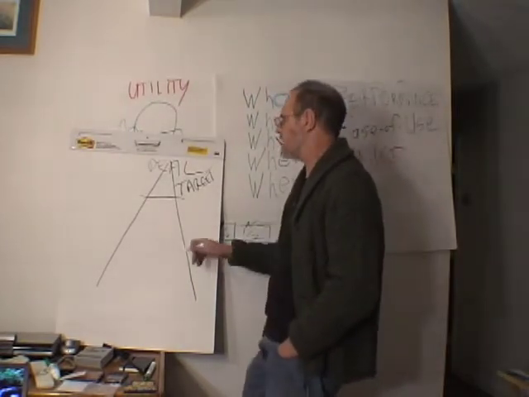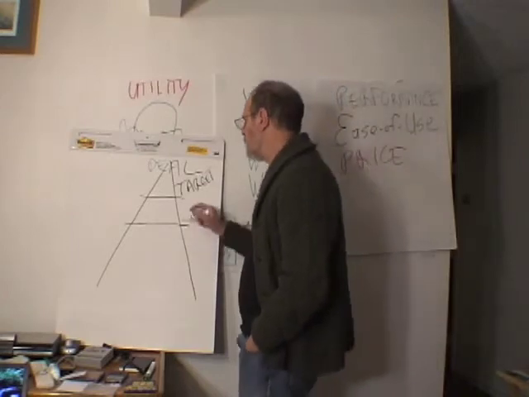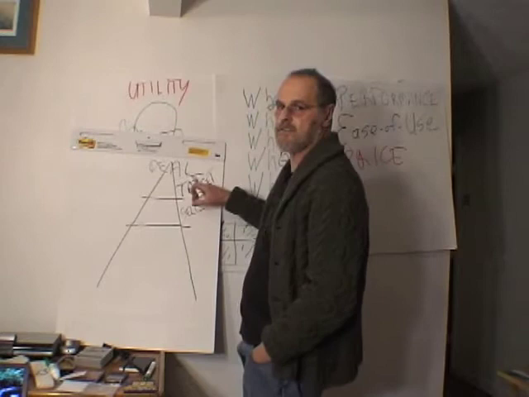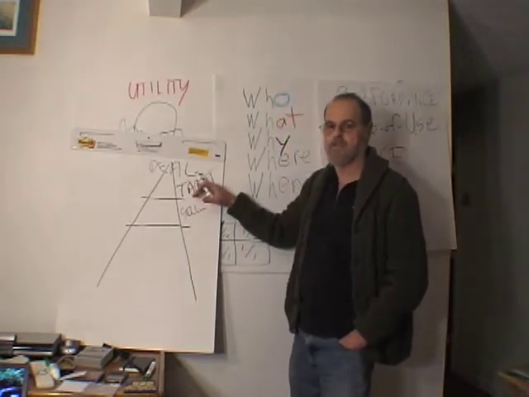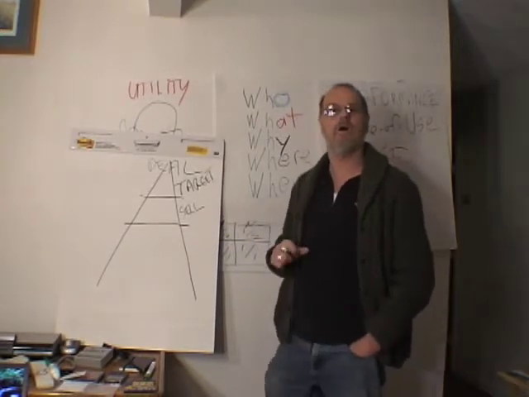But in order to find the target, I need to figure out how to sell the technology, because the target is not interested in technology. The target is interested in making money by selling things to customers.